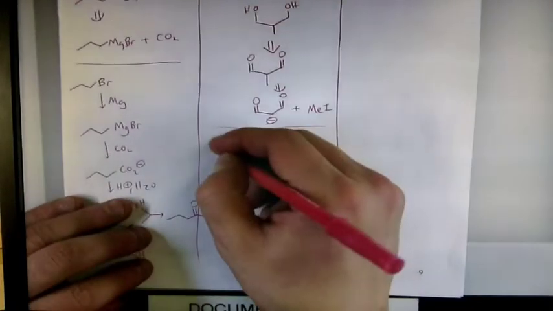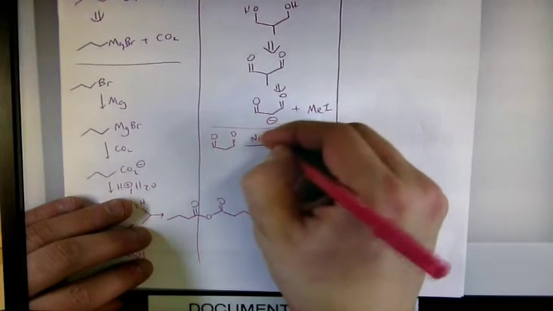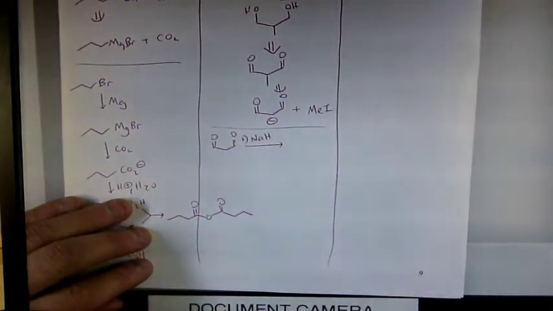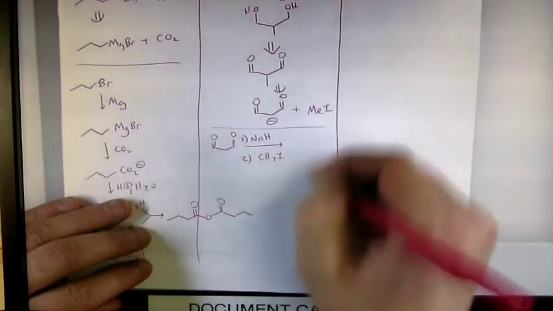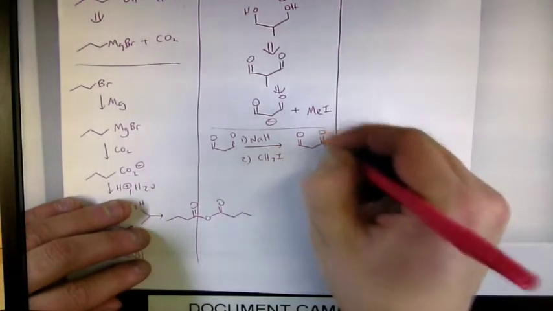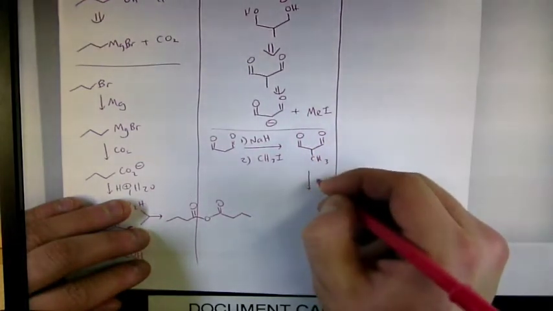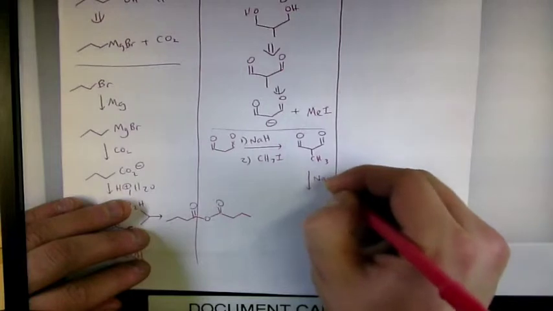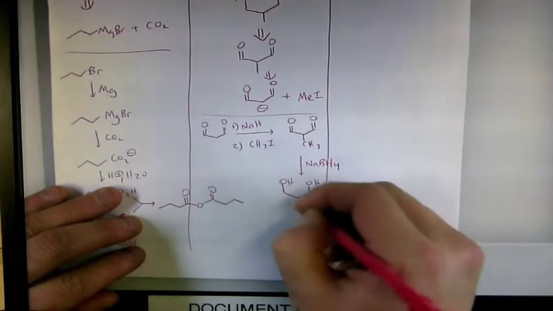So in terms of synthesis, I would do sodium hydride, for example, CH3I, then I would reduce this with, for example, NaBH4 or lithium aluminum hydride, giving us this.